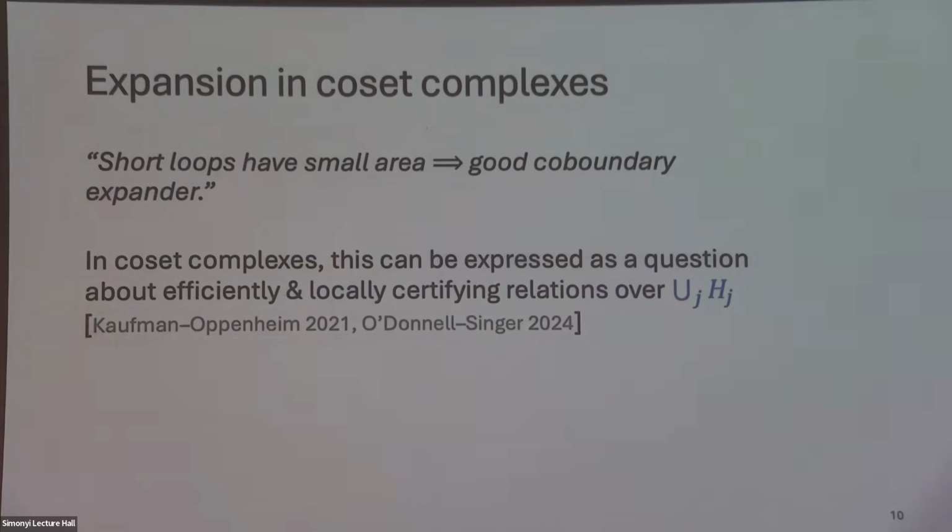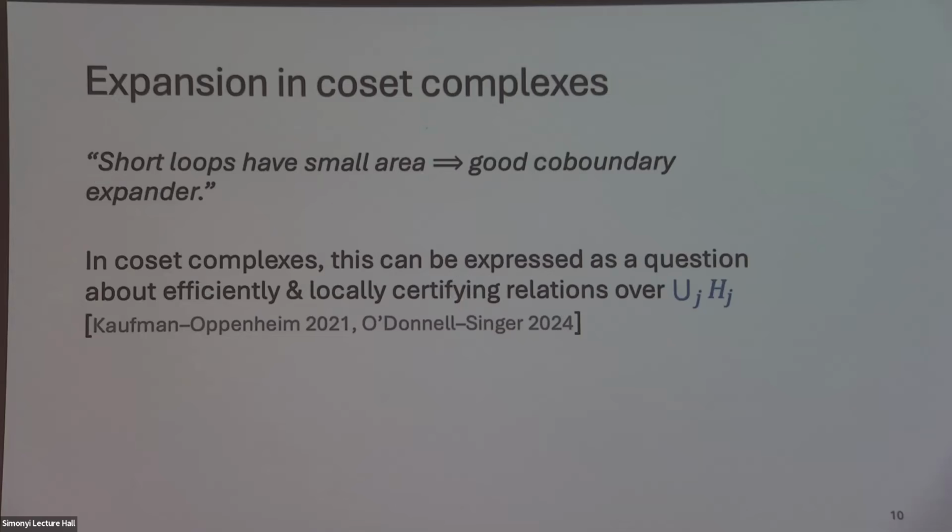So in a coset complex, if we recall our fact that short loops having small area implies good expansion, this short-loops-have-small-area condition can be expressed basically equivalently as a question about the group presentations of the group that I'm working with.